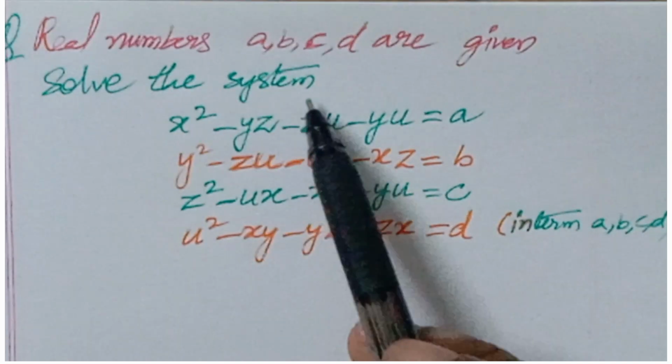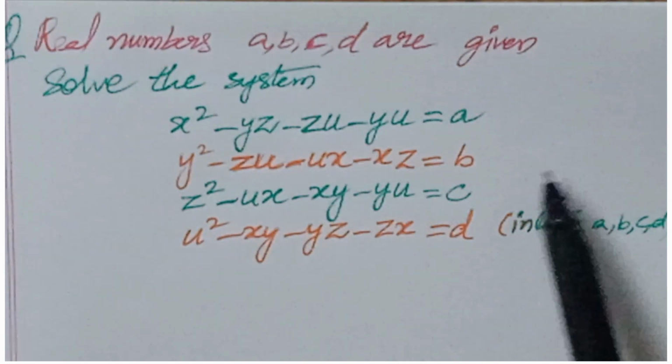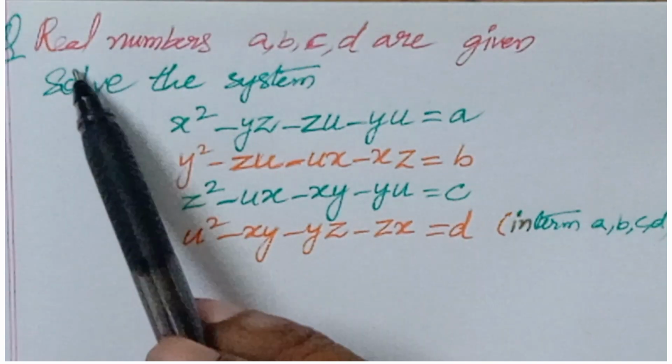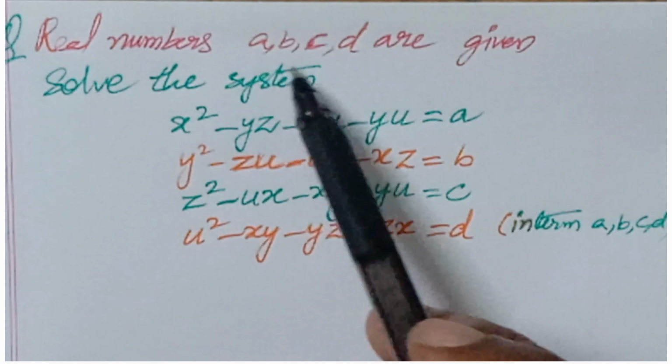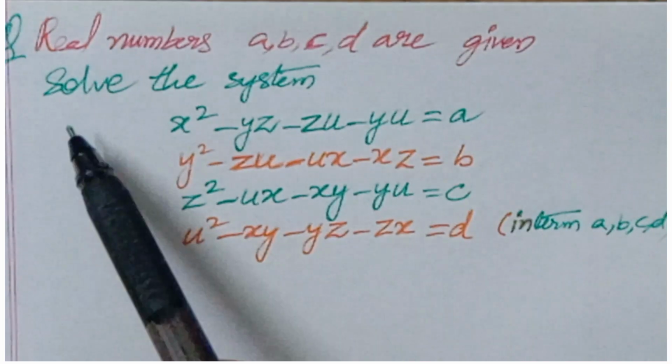Here we are looking at a Math Olympiad problem. The problem is: real numbers a, b, c, d are given.